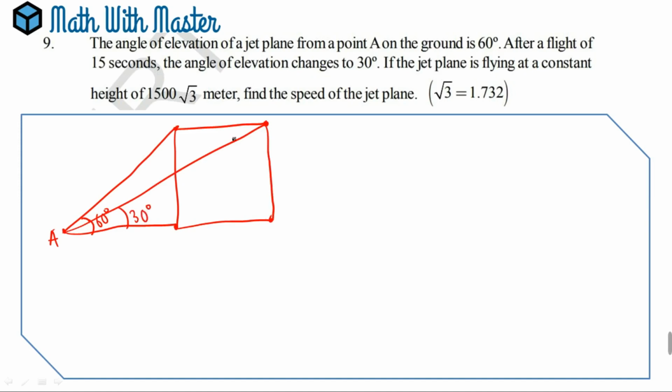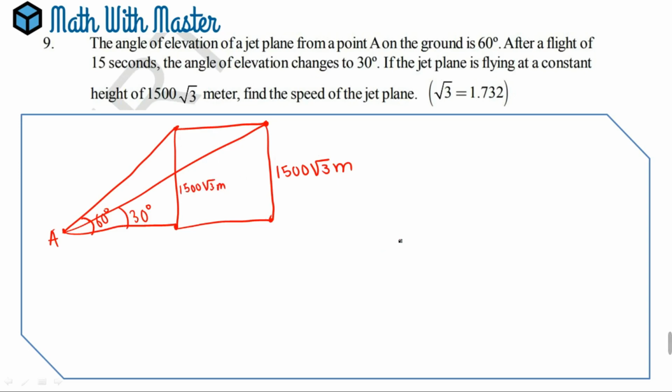This became 30 degrees. If the jet plane is flying at a constant height of 1500 root 3 meters, then find the speed of the jet plane. So this will also be 1500 root 3 meters.